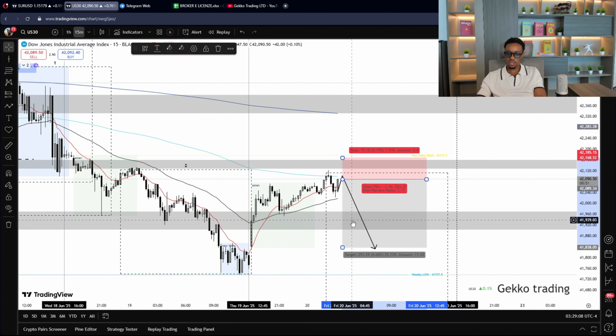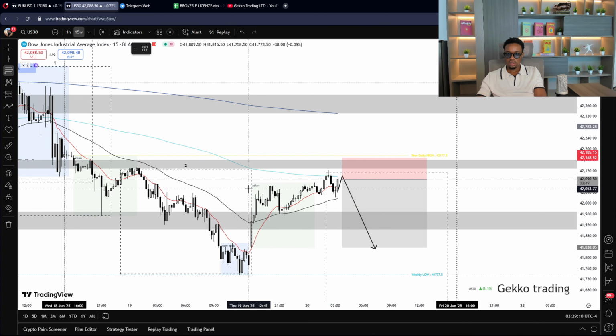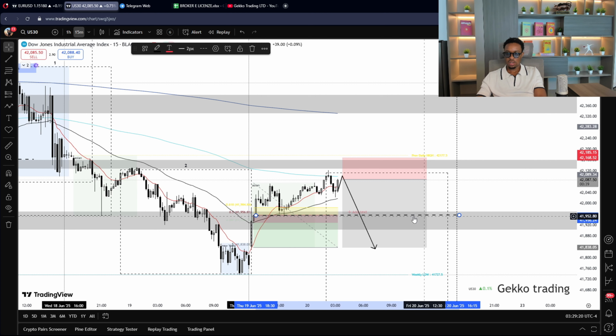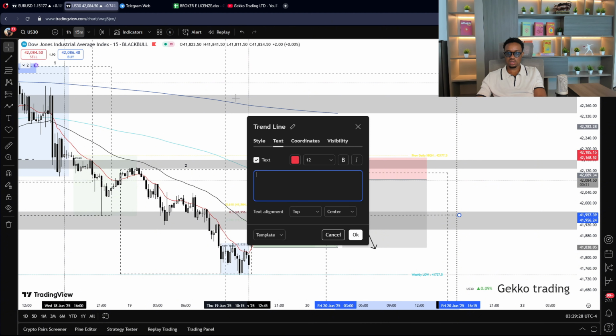possibly targeting, for my first TP, the Asian mid, and then for my second TP I would probably be targeting, hold on, let me write TP1.